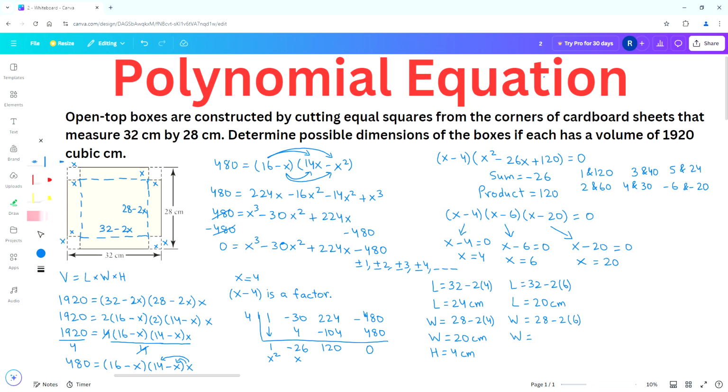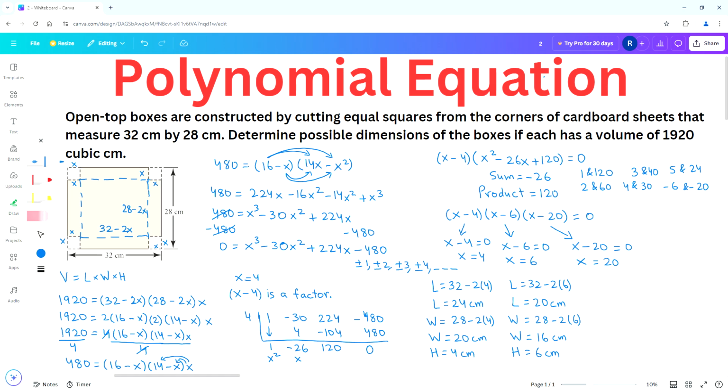Two times 6 is 12. And 28 minus 12 is equal to 16. The unit is centimeter. And the height is 6 centimeter. So the second possible set of dimensions are 20 centimeter by 16 centimeter by 6 centimeter.